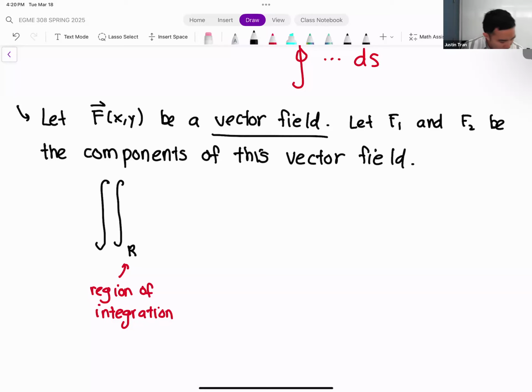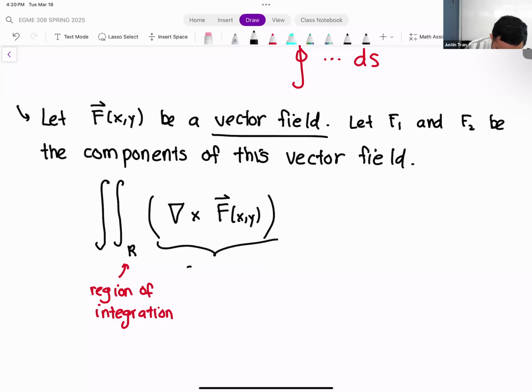Green's theorem says that if you're taking the double integral of the curl of the vector field, remember last Thursday we talked about curl.